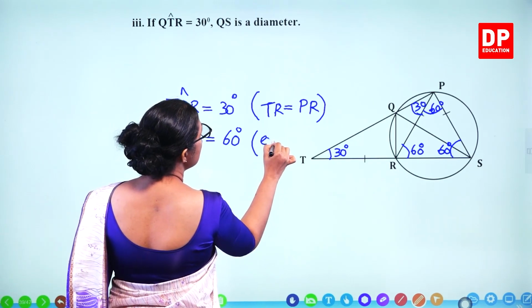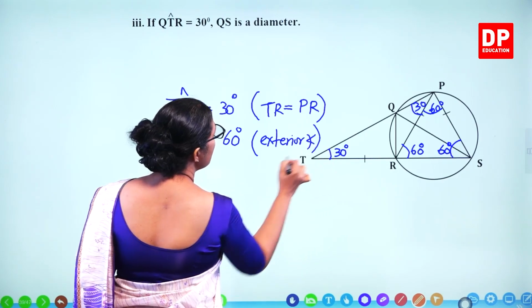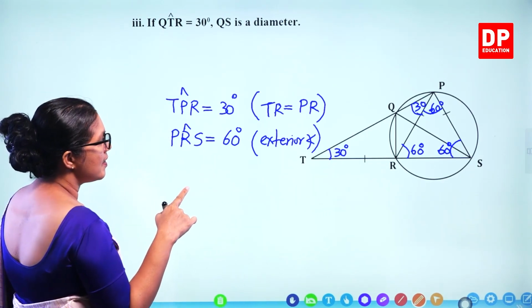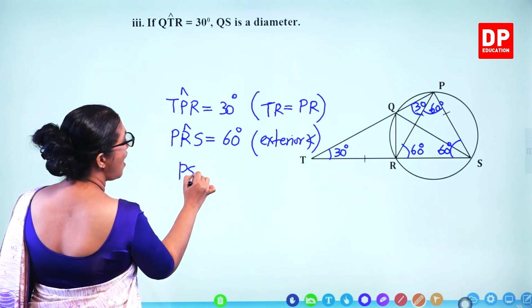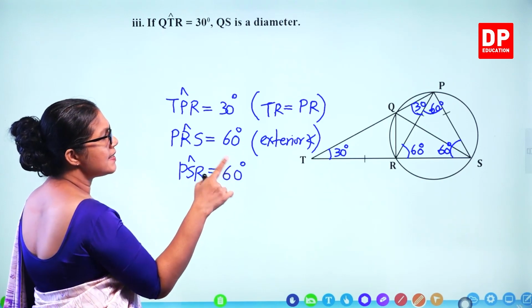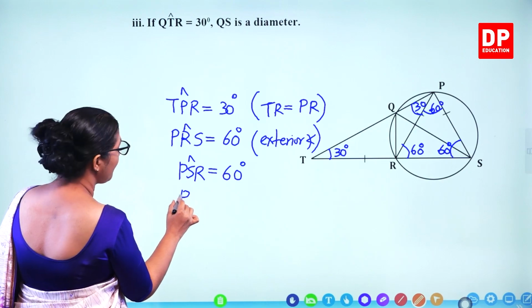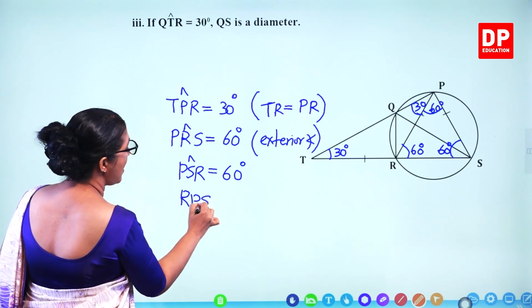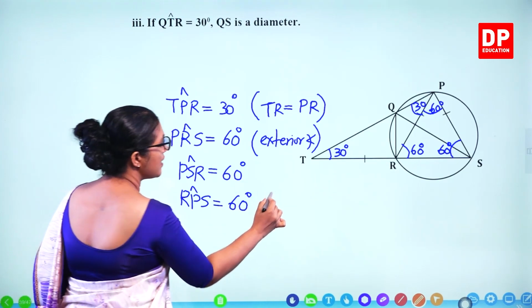That's because the exterior angle is the sum of opposite interior angles. So that is equal to 60. So angle PSR is also 60 degrees, by the sum of angles in a triangle.